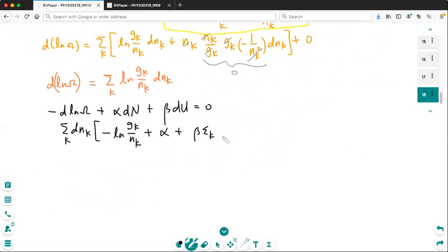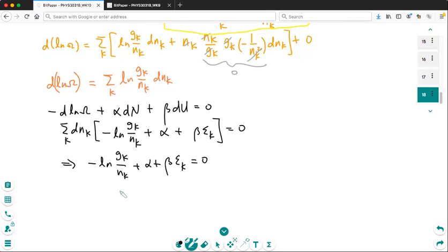And I want them to be arranged this way. Then following the logic before, I can write this, and I reach my final result.